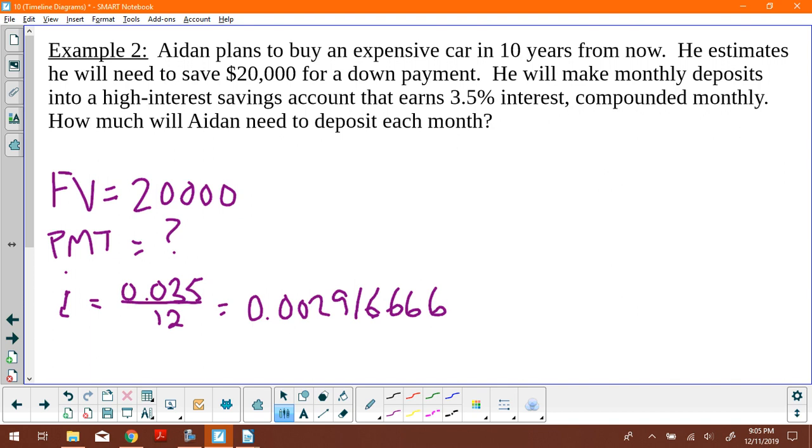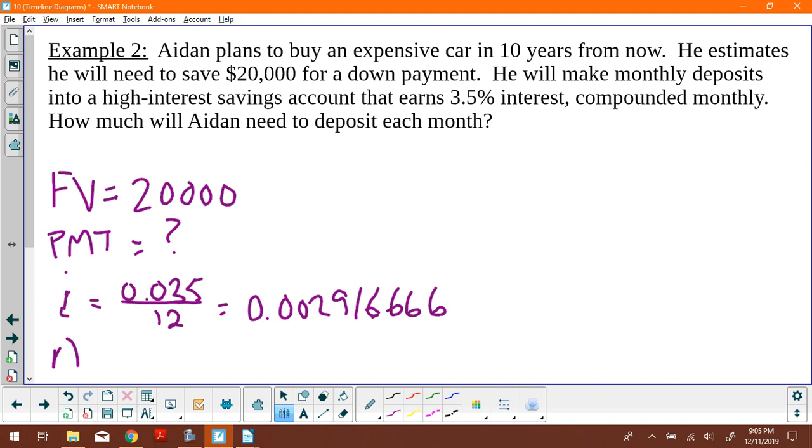Or if you get the fraction, like my calculator showed me the fraction first, it was 7 out of 2,400. But yeah, you use a lot of decimal places in your calculations and then just round at the end. I wrote down all 10 digits from my calculator, and I'm going to need those 10 digits to make sure this is actually accurate.